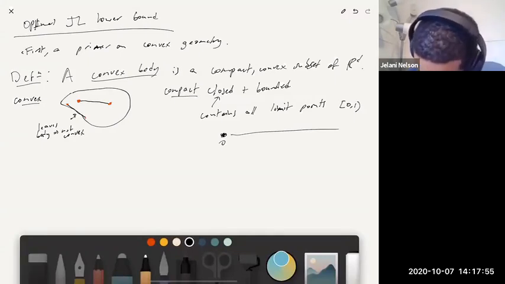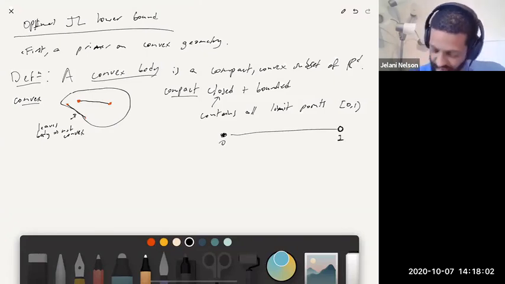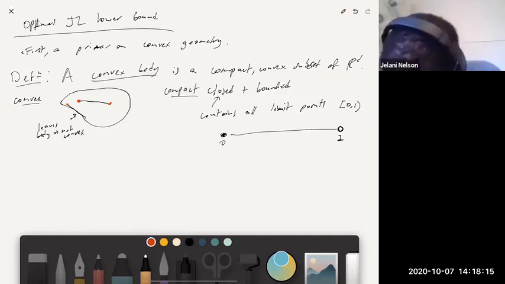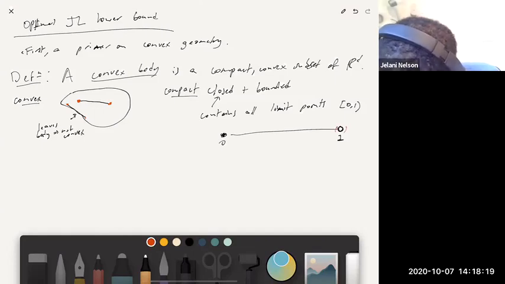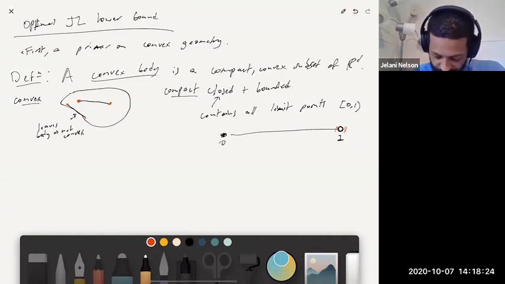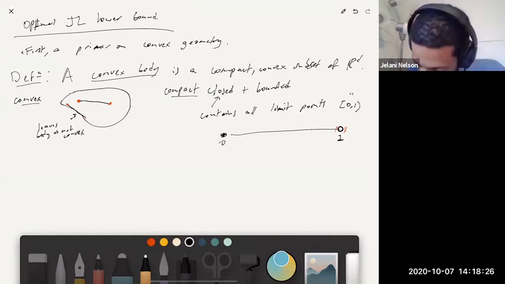Sorry, I know some of you may not be familiar with these terms, and some of you saw this a long time ago. So this half open interval is not closed. Why? 1 is a limit point. What does it mean to be a limit point? 1 is a limit point because if you take arbitrarily small intervals around 1, there's no way to do that without intersecting the set. So the set is S, right? So this is S.